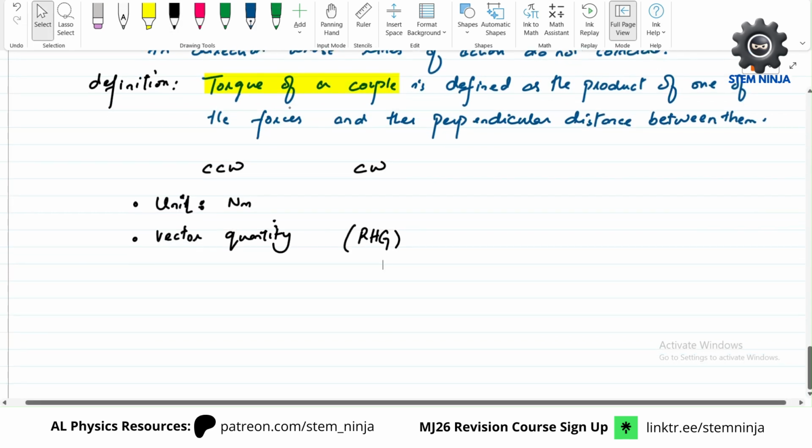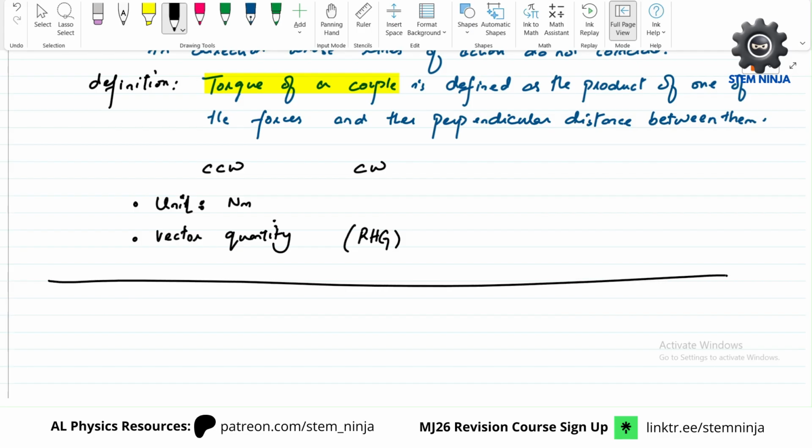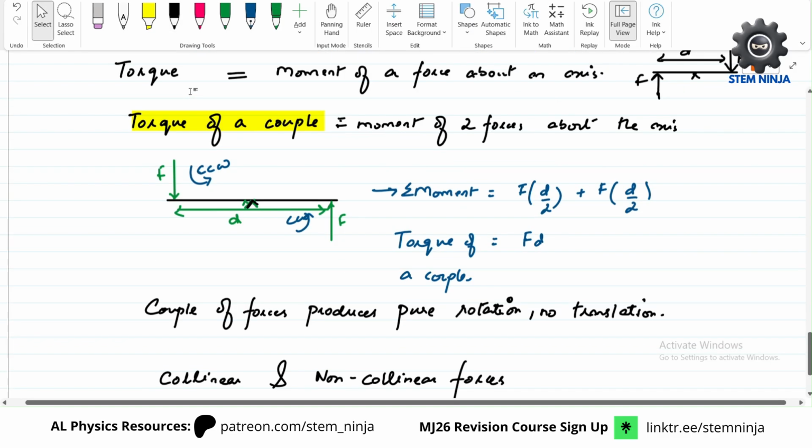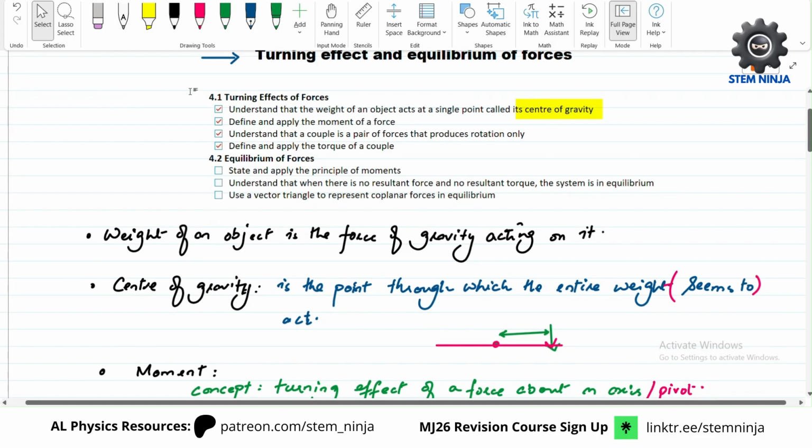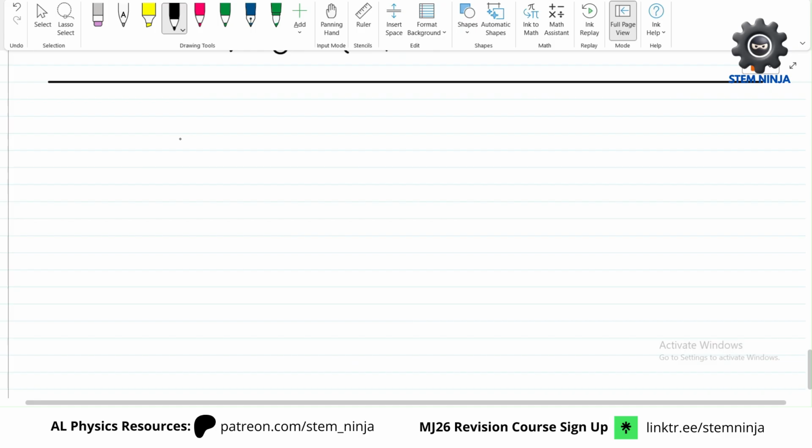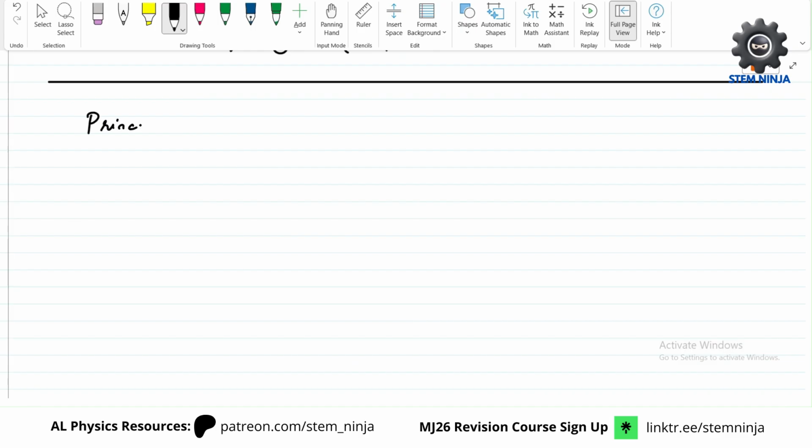Now, moving on to the principle of moments. We said that when you have a beam like this and you have some forces that cause clockwise and some forces that cause anti-clockwise rotation.